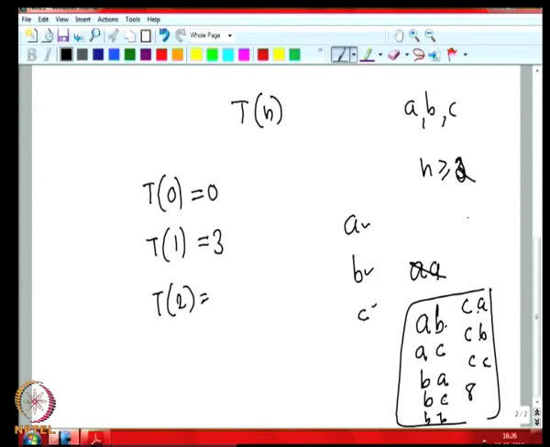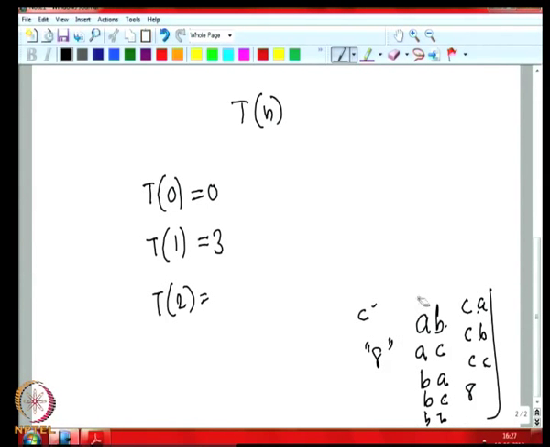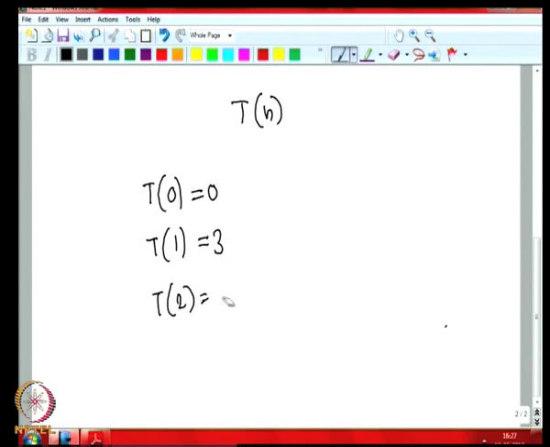Out of the 9, we have 3 into 3 two letter words, out of that AA should be removed. That is why 8 is coming. But anyway, we do not need T of 2 here. We will get it using the recurrence relation. So we will just use these 2 because these 2 are very easy.